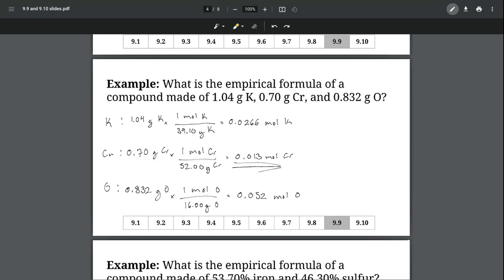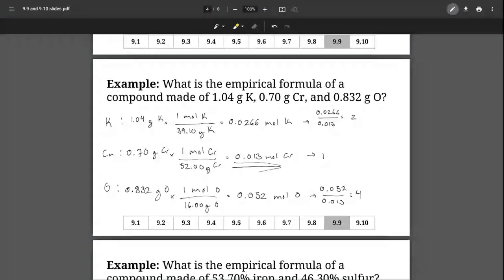We're going to divide all of them, but 0.013 divided by itself is just going to be 1. 0.0266 divided by 0.013 is equal to about 2. 0.052 divided by 0.013 is about 4.